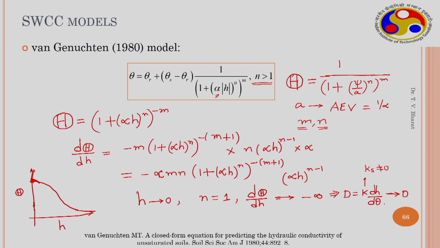So therefore diffusivity should not become 0. This happens when you consider n equal to 1, and similarly when n is less than 1 also, when h approaches 0, this whole expression approaches minus infinity. So therefore diffusivity approaches 0.